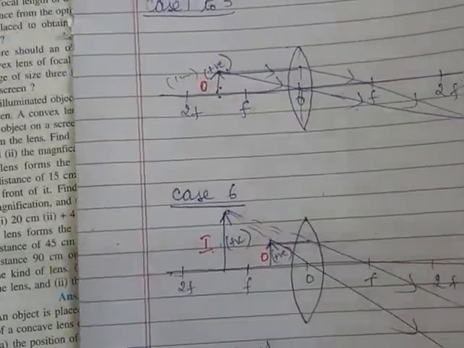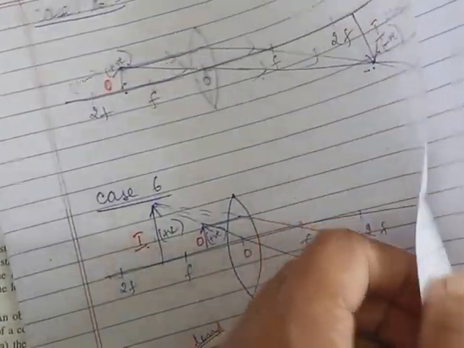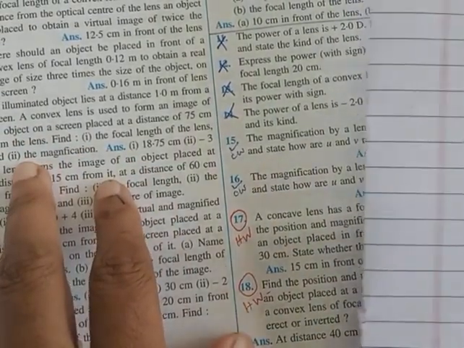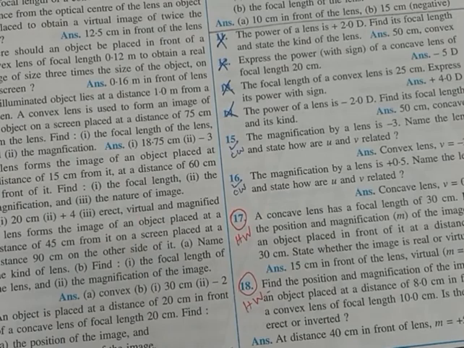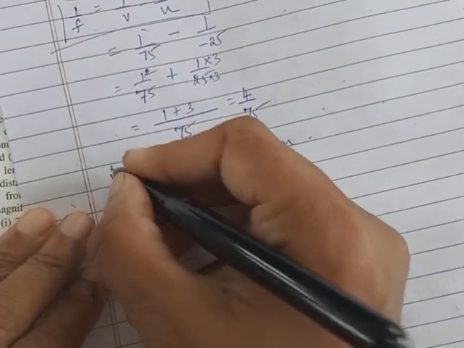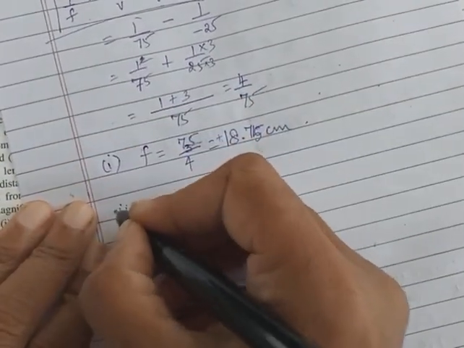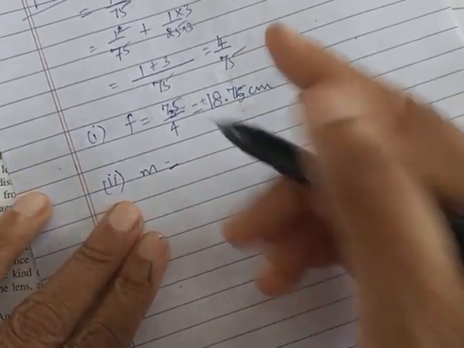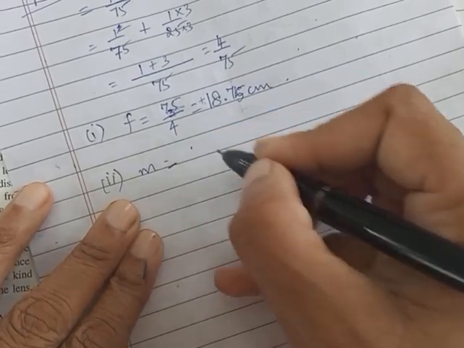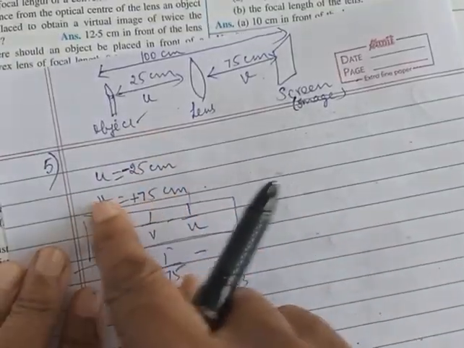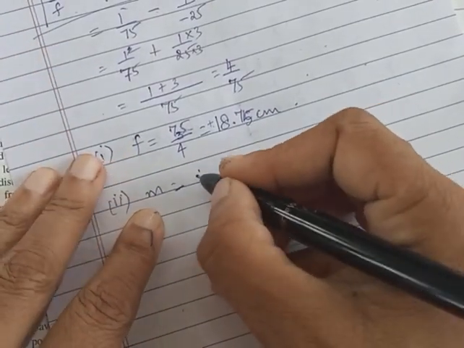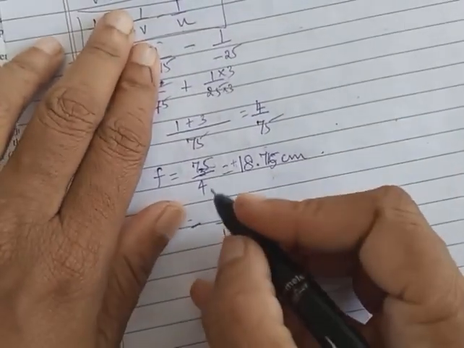Numericals based on magnification now. We were doing the fifth numerical, second part. First part was focal length, second part was magnification. So magnification will be I by O, but in this numerical we don't have I or O, but we have U and V. So you can use this formula V by U, again along with the sign.